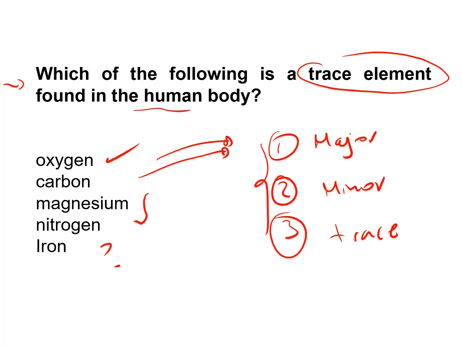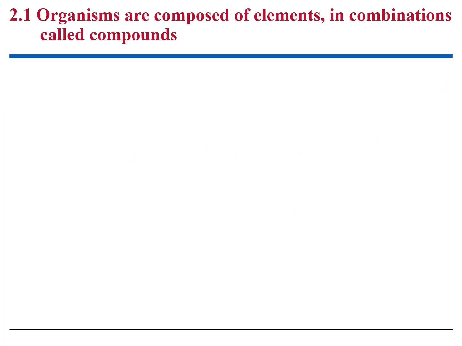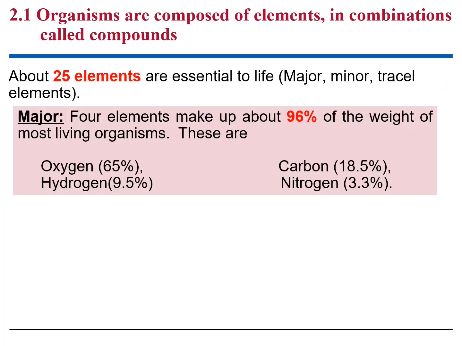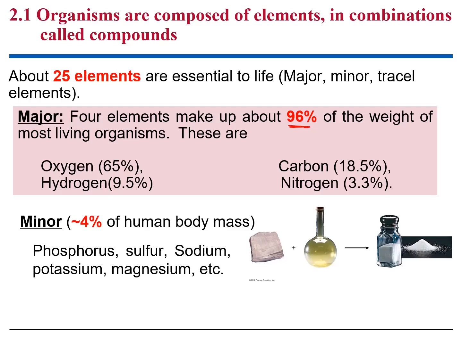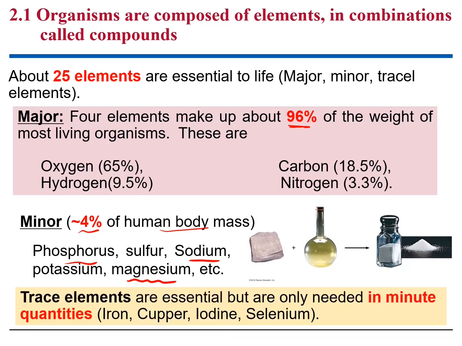Okay, so let's try to solve it. So as I said, you have major elements that represent 96%. You also have minor that represent only 4% of the human body mass. And here you have magnesium, phosphorus, sodium, and you have a last group that is the trace elements that are essential but are only needed in very minute quantities.